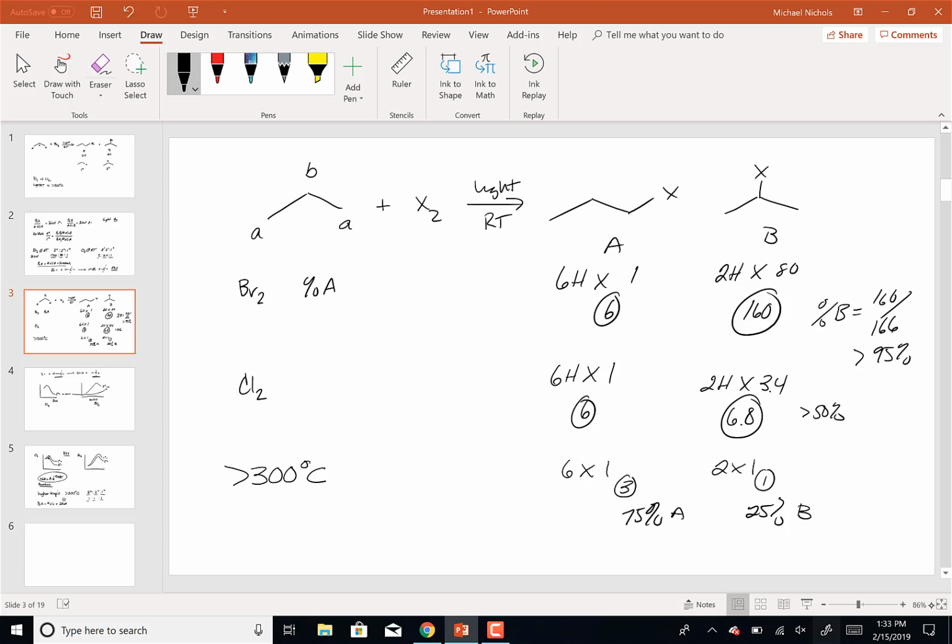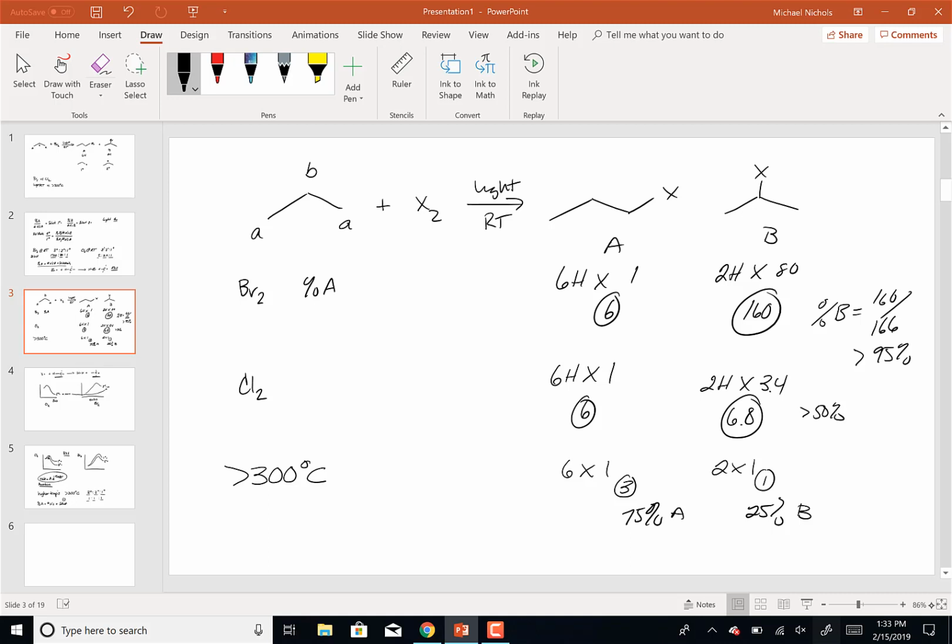So this gives us the ability to choose the major product if we want to by changing the reaction conditions and by changing whether I use bromine or chlorine. The disadvantage to chlorine is you're going to get a greater percentage of all the different products.